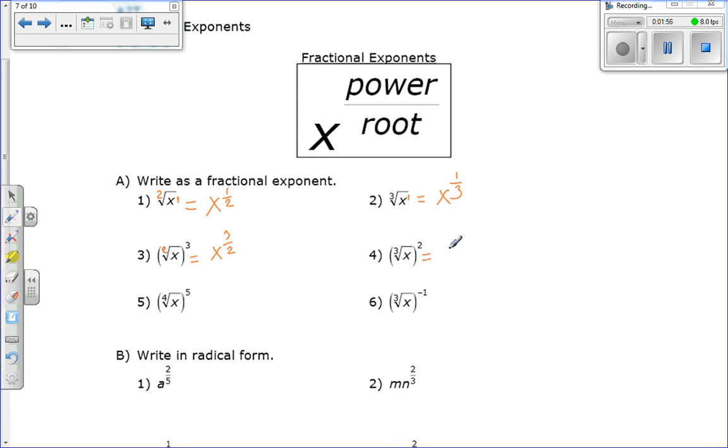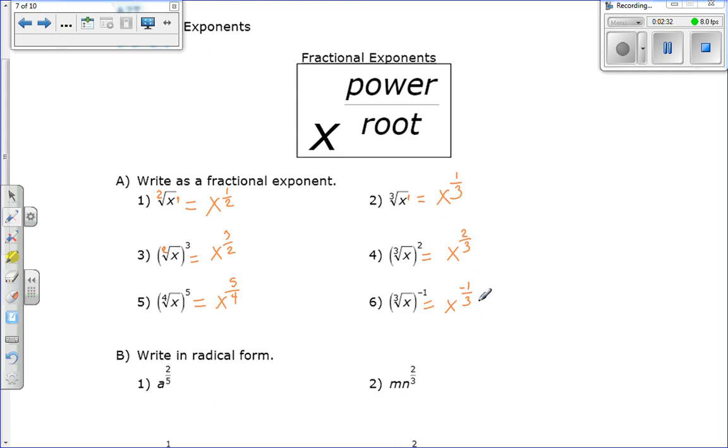For number 4, we have x to the power is 2 over the root is 3. For number 5, we have x to the power is 5 over the root is 4. For number 6, we have x to the power is -1 over the root is 3.